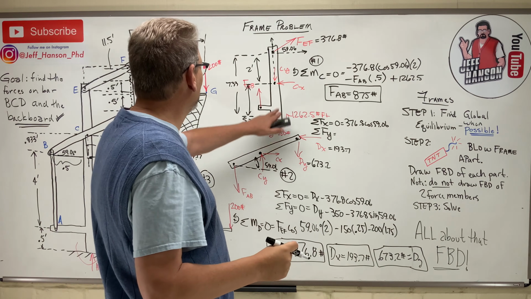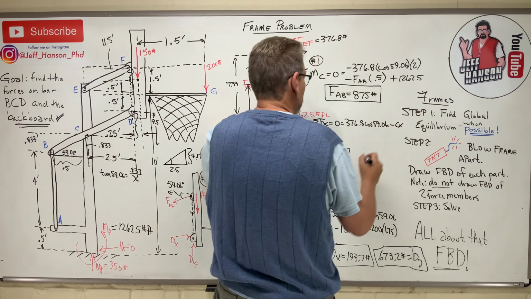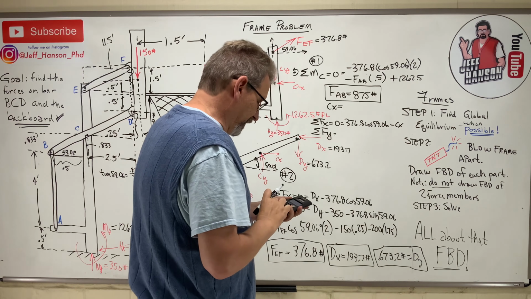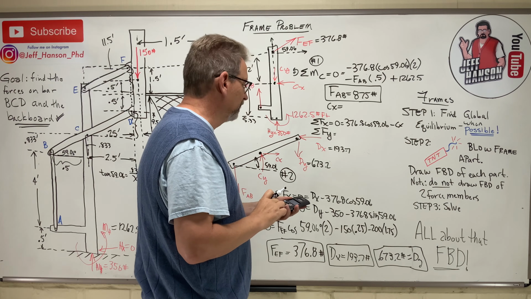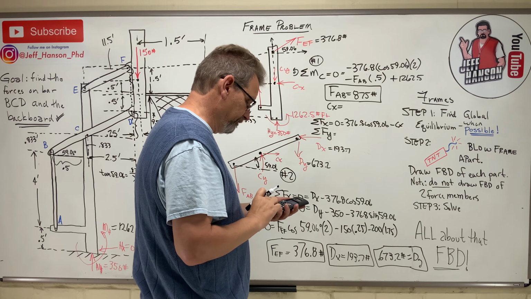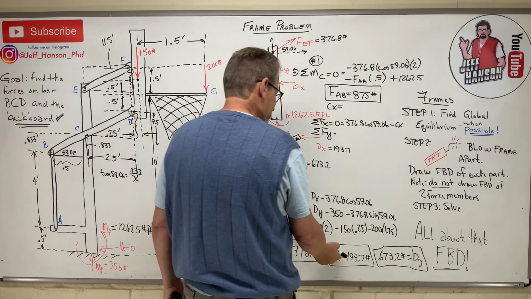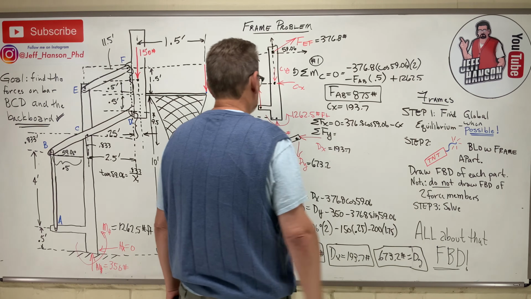No X down here, minus CX. So CX is equal to 376.8 times the cosine of 59.06, equals 193.7. Same as DX.